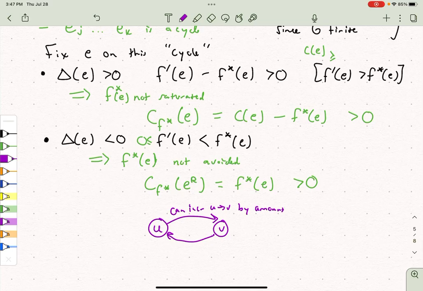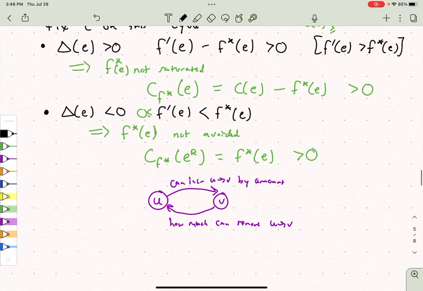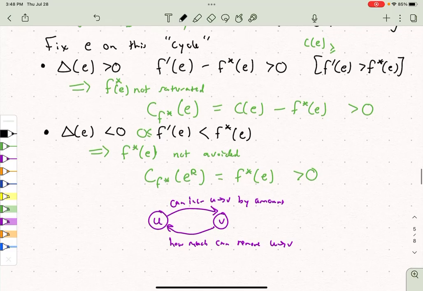And the reverse edge is how much we can remove from u to v. And so that's where these ideas are coming from. So in either case, what have we found? Well, we found we have an edge of the right direction, and that's positive in both cases.